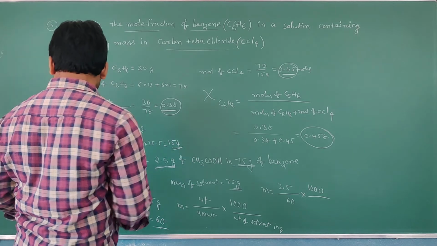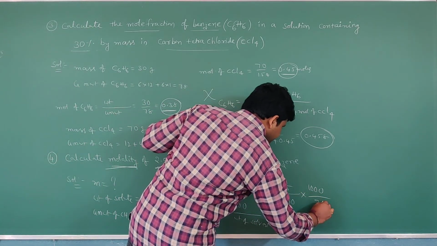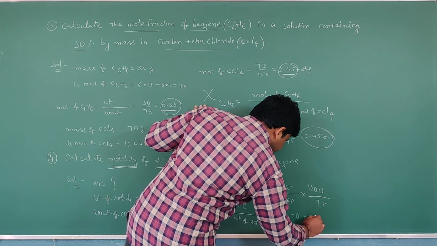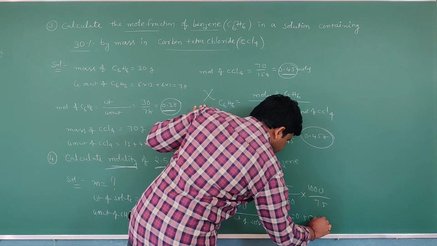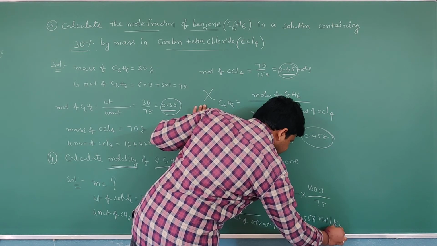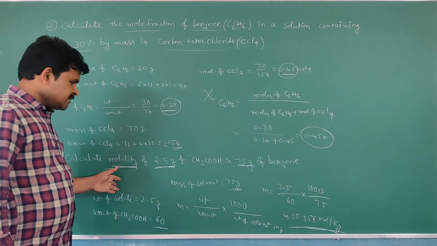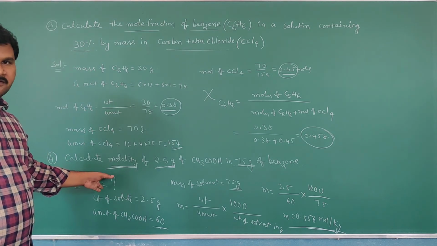Weight of solvent is 75 grams. So by calculating this, you will get 0.556 mole per kg, that is the unit of molality. So this is the problem related to molality.